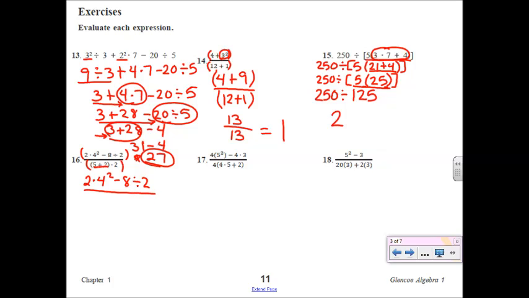And 5 plus 2 is going to give me 7. After parentheses, I do exponents. So I'm going to take care of the 4 squared next. And that's going to look like 2 times 4 squared is 16 minus 8 divided by 2.